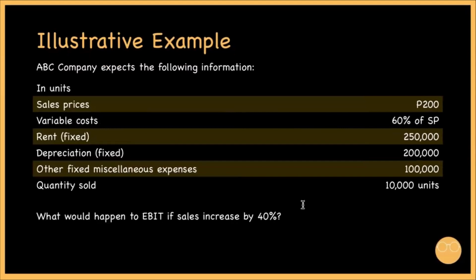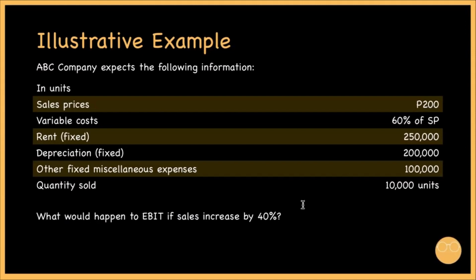We have to compute the earnings before interest and taxes if sales increase by 40%. So if sales increase by 40%, let's take a look at its effect on the earnings before interest and taxes, or our EBIT. First, let us determine the degree of operating leverage ratio.